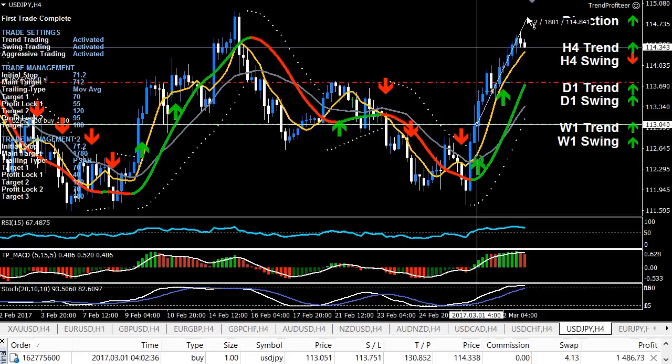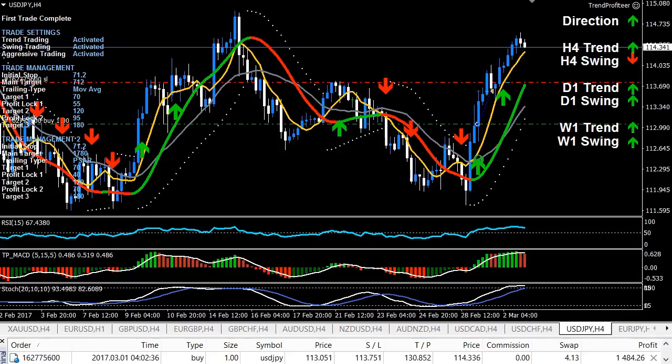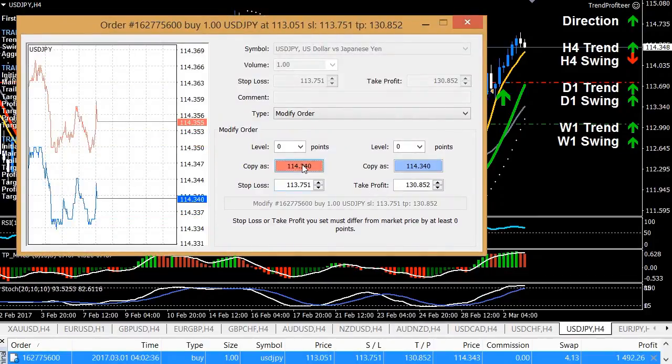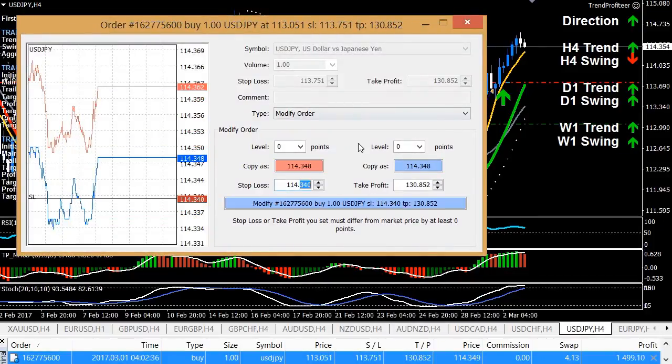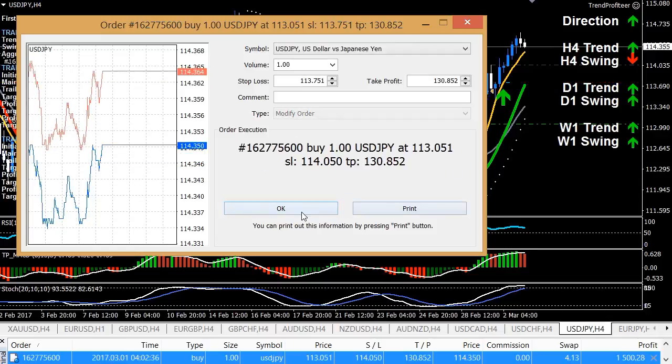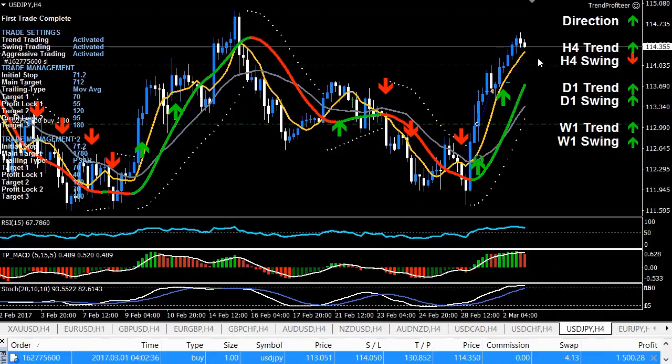Okay, so the last bar and the current bar have been moving down. Now, it may continue to move up, but there's a lot of money on the table right now. All in all is about $2,100 between the closed trade and this position. So I'm going to modify the second position to have it stop at 114.05, and that gives me a little bit of room to move, but it also locks in some profits.